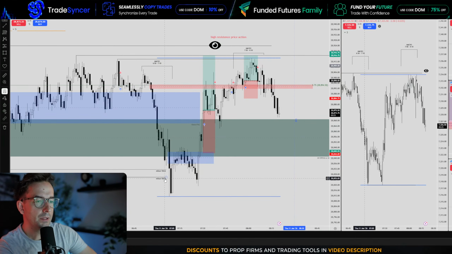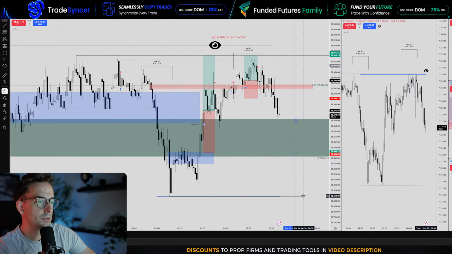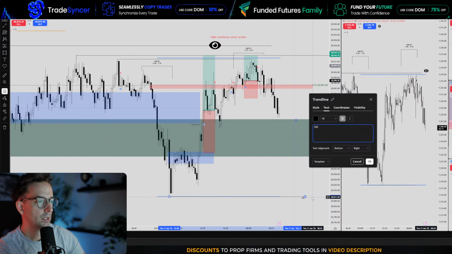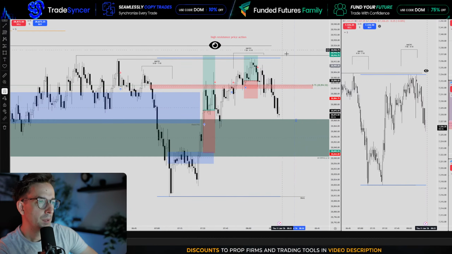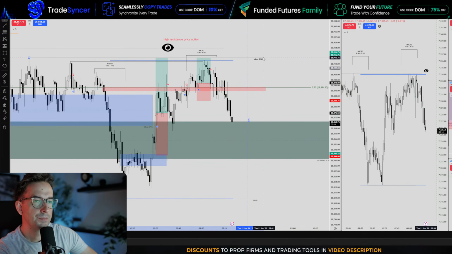This is going to be, so these levels we can delete. This is going to be our new sell side delivery target, sell side liquidity, buy side liquidity above us.